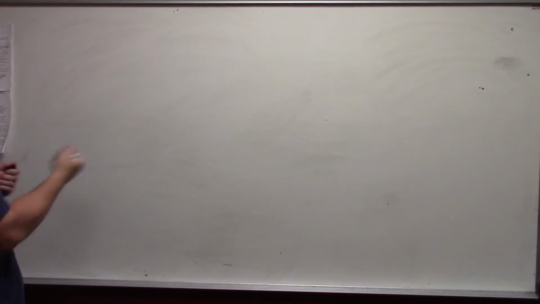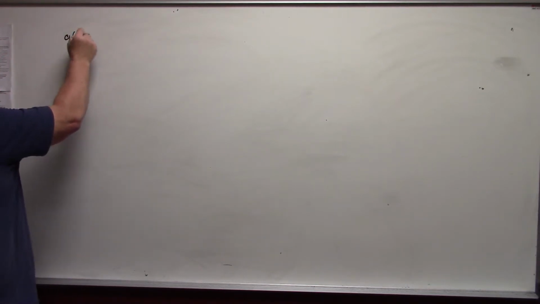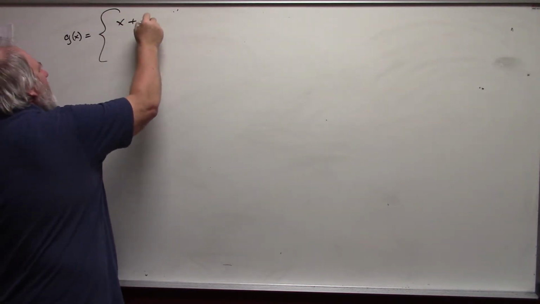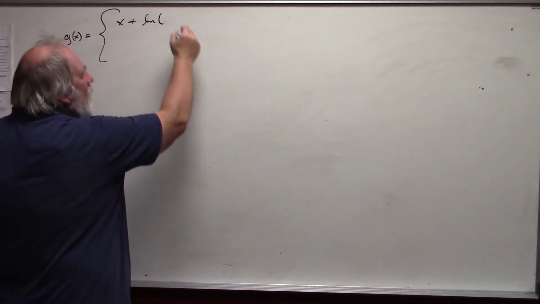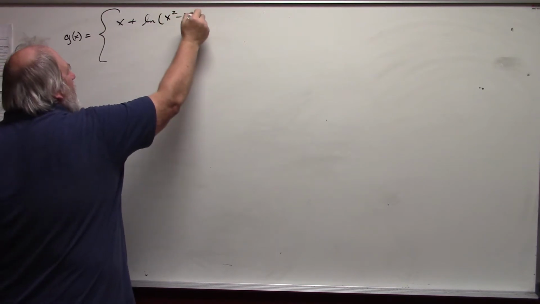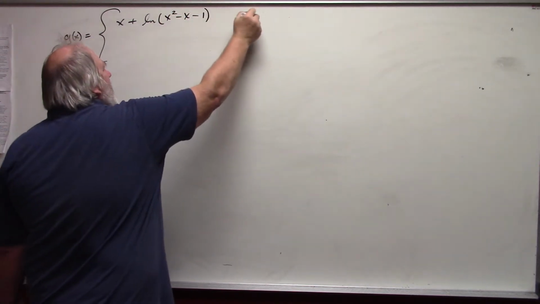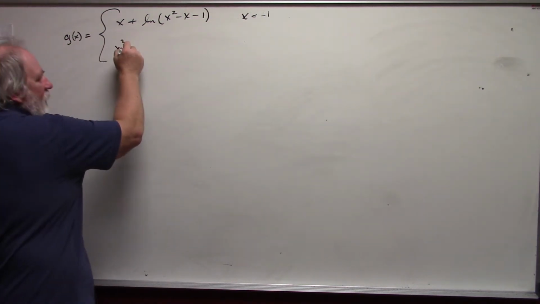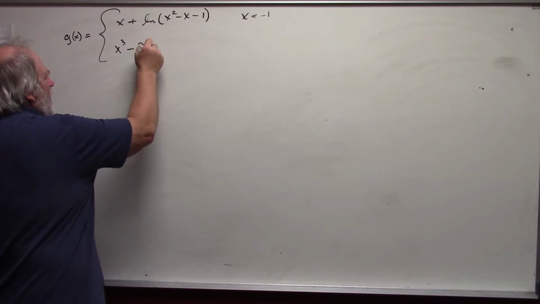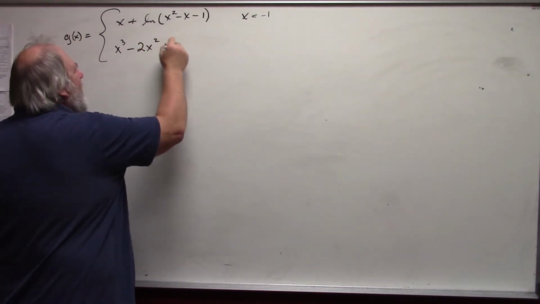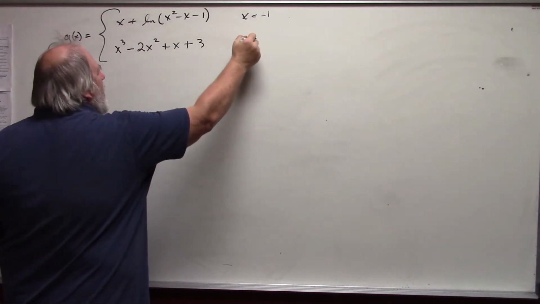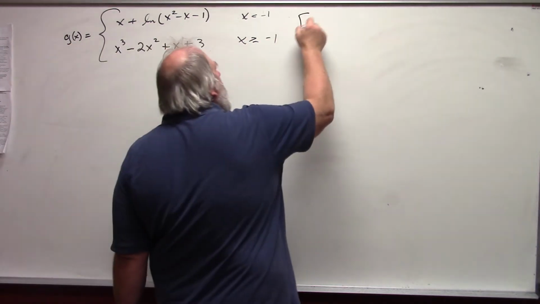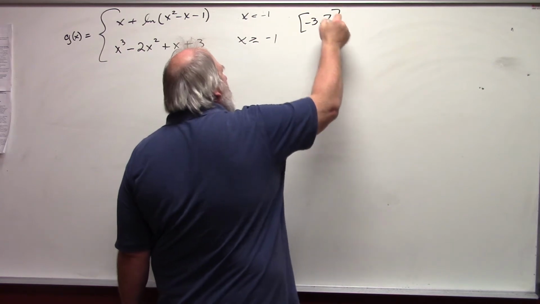My function, g of x, is x plus the natural log of x squared minus x minus 1 for x less than negative 1, and x cubed minus 2x squared plus x plus 3 for x greater than or equal to negative 1. I'll give this an interval, negative 3 to 3, let's say.